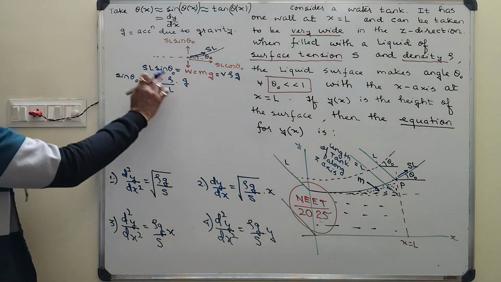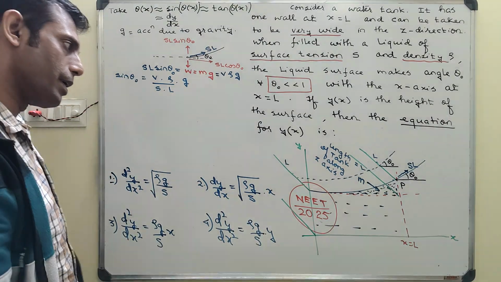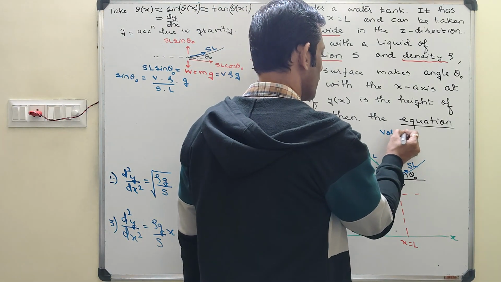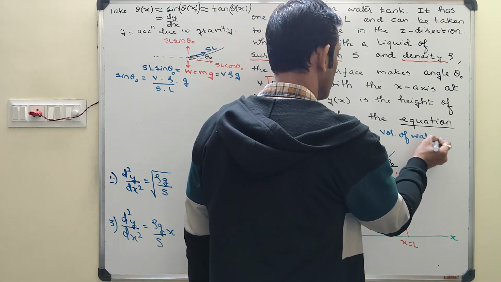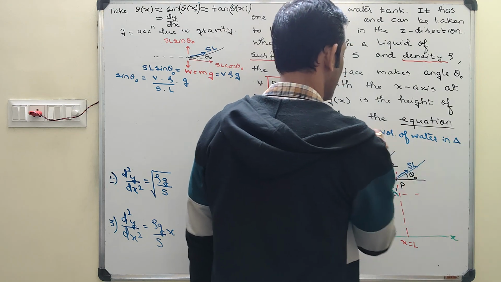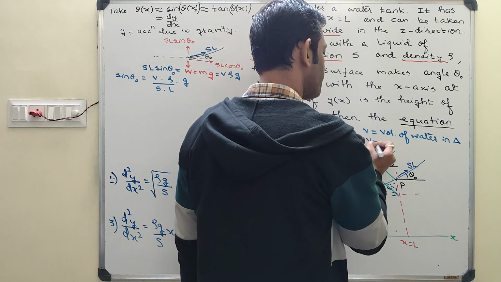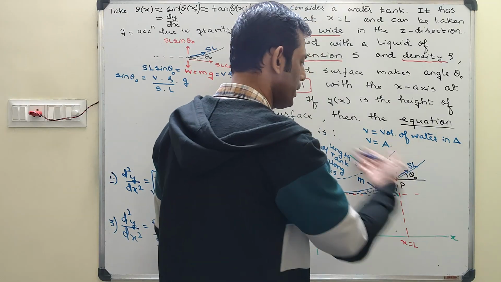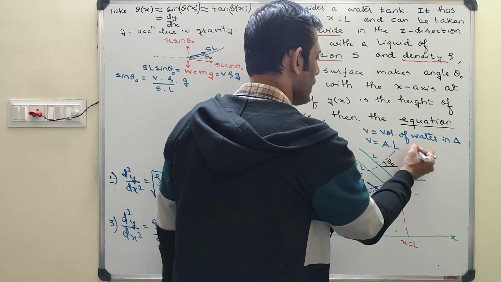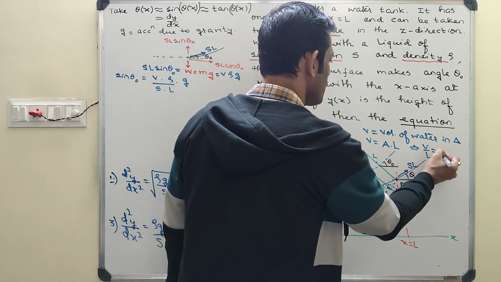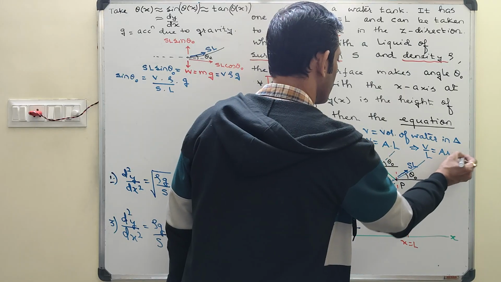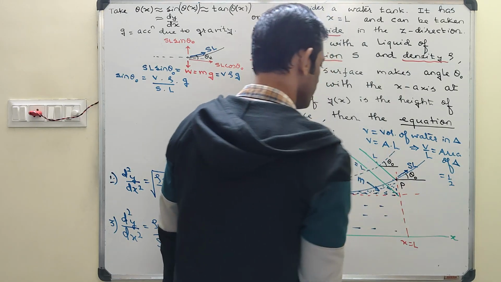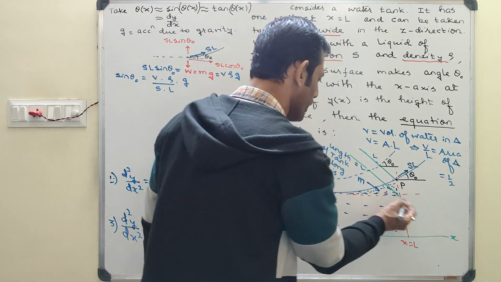V by L is an interesting calculation here. If V is the volume of water in the triangle, that will be equal to this triangular area into the depth L. That implies V by L is equal to the area of the triangle. Area of the triangle is equal to half base into height.